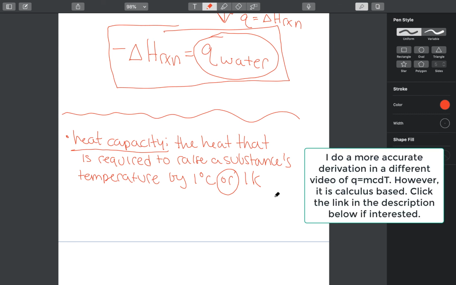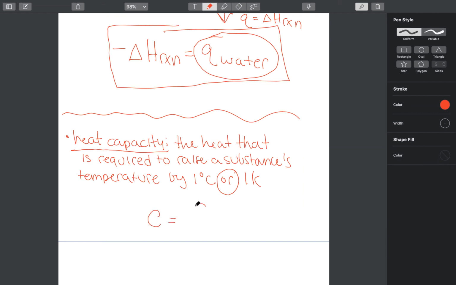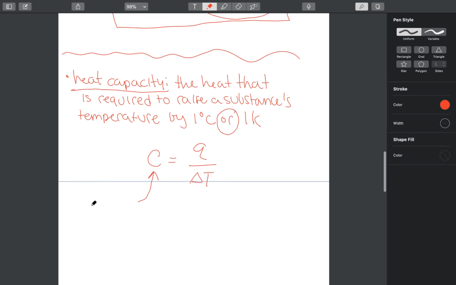So mathematically, what heat capacity looks like in its integrated form is this. C is the symbol for heat capacity.